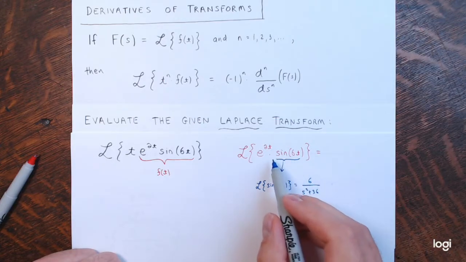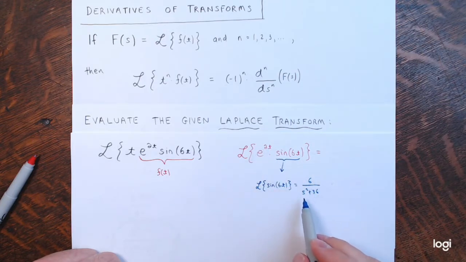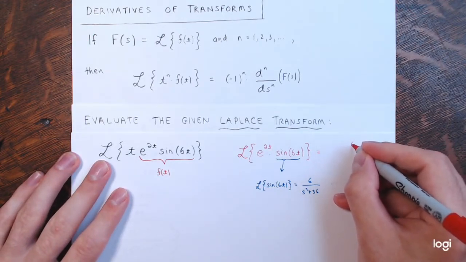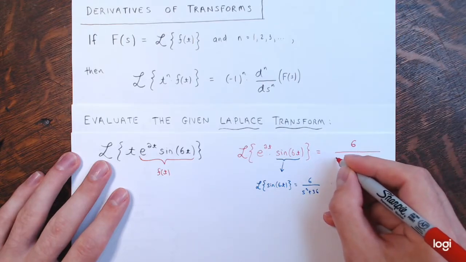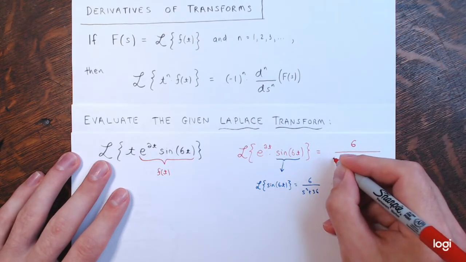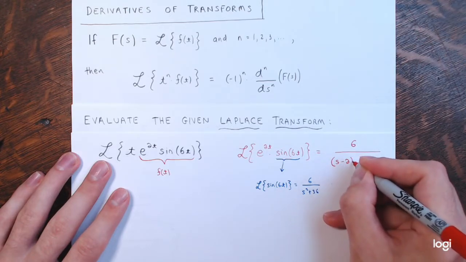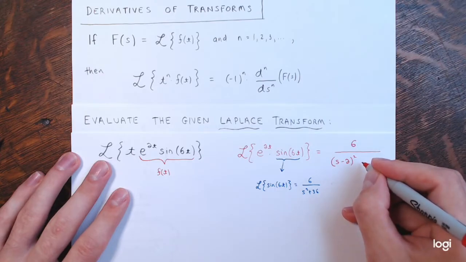And then for this sine of 6t times e to the 2t, I just replace s with s minus 2. Just do the function of s, but with s minus 2 as the input instead. So this is going to be 6 over, and then instead of s squared plus 36, s minus 2 squared plus 36.